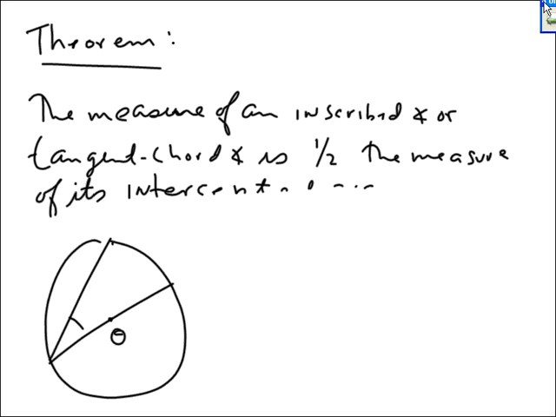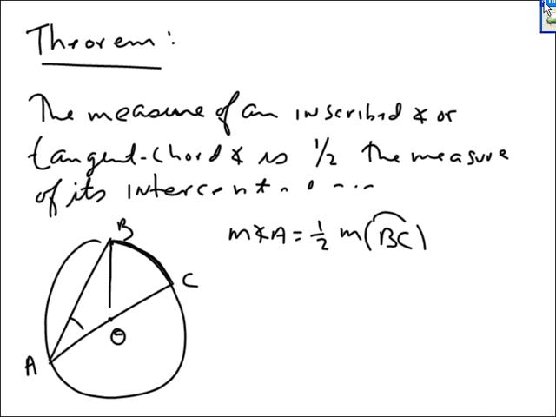And we will call the vertices A, B, C. Again, I want to show that the measure of angle A is 1/2 the measure of the intercepted arc. Well, the arc is BC. That is my goal. Now, let me draw like this.